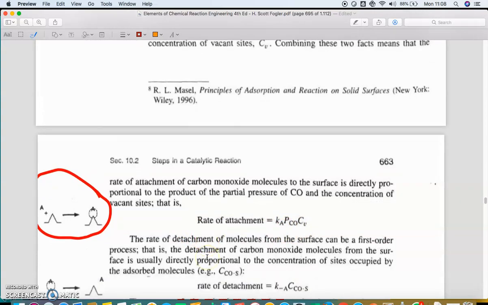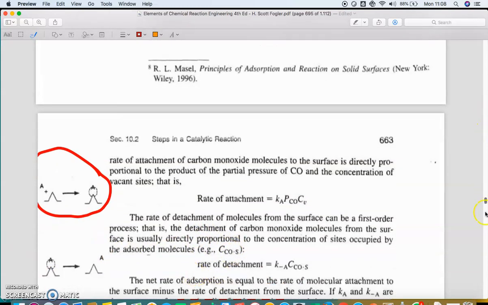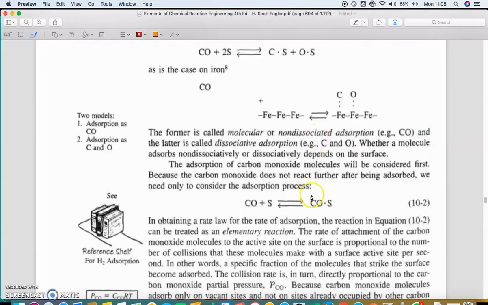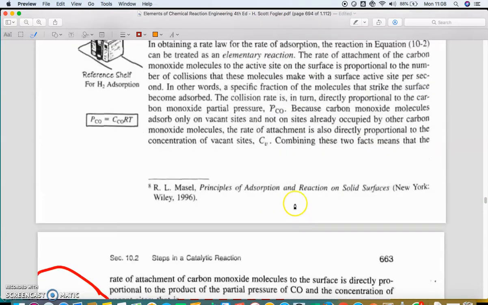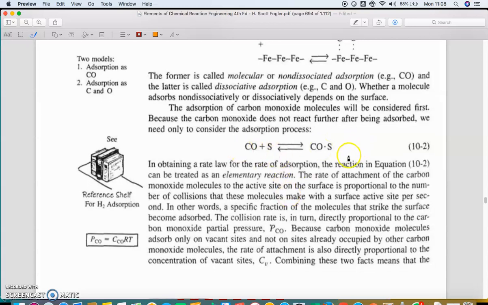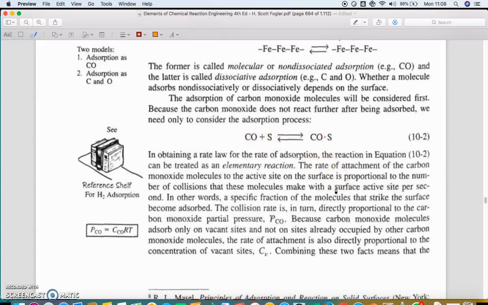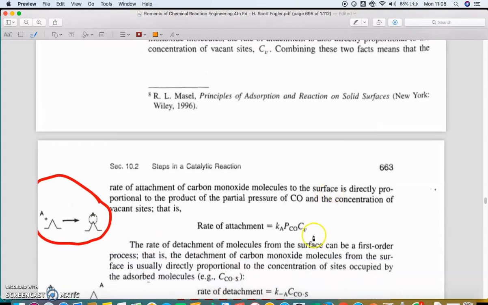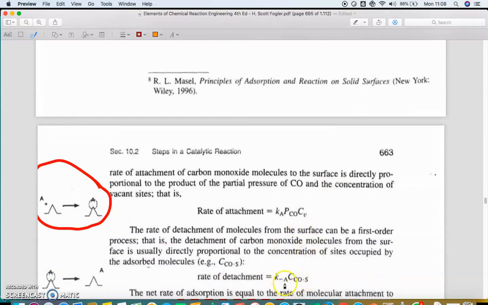Since adsorption is a reversible process, we have this reversible sign. This is the reaction to the right, which is attachment. The reaction to the left is detachment. The rate of detachment is described by this term.